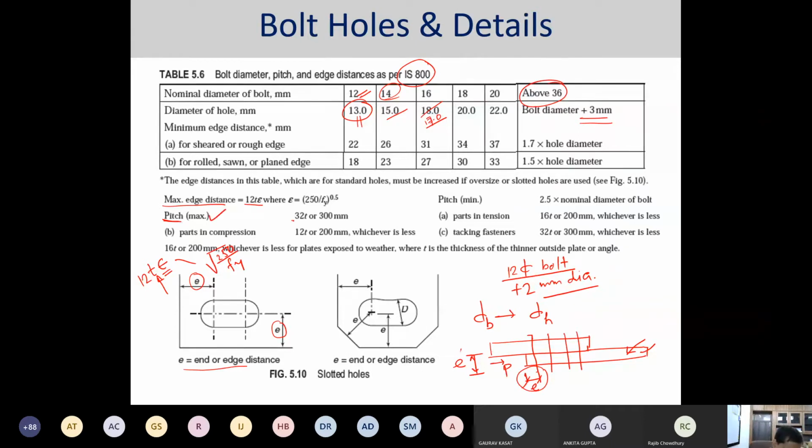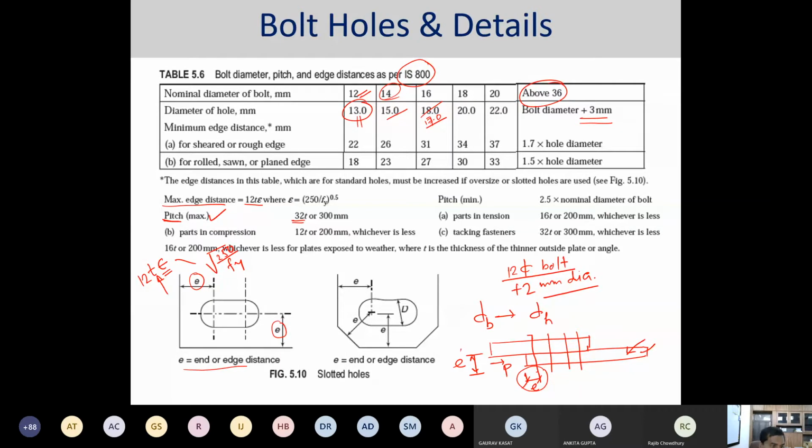The maximum pitch to be considered is 32 t. What is this t? t means thickness. Which thickness? If both the plates are equal, then we don't have any problem. If both the plates have different thickness, then which thickness should we consider?